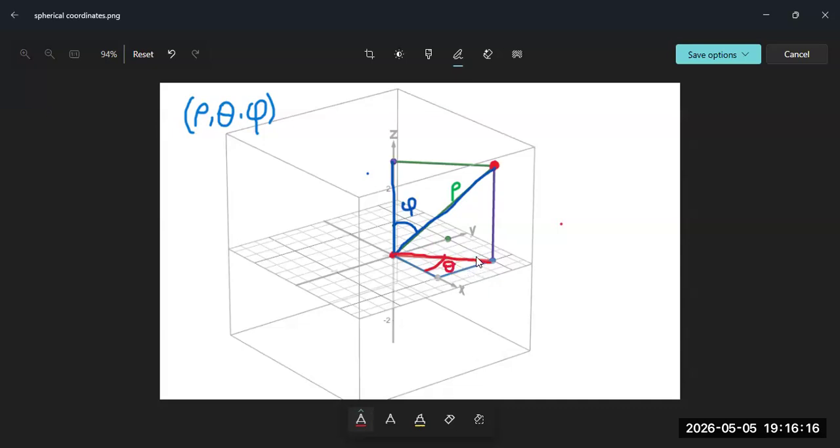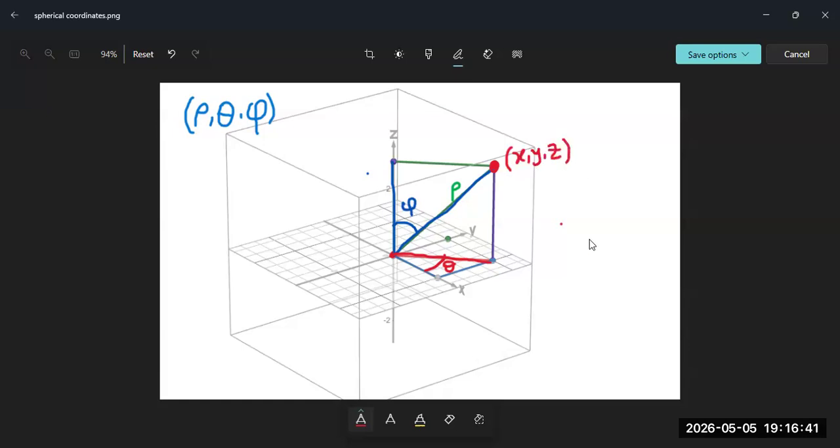Now whenever we are told spherical coordinate system, that means we need to know the rho values, theta values, and phi values. So let's say this red color point is in the Cartesian coordinate system, the rectangular coordinate system.